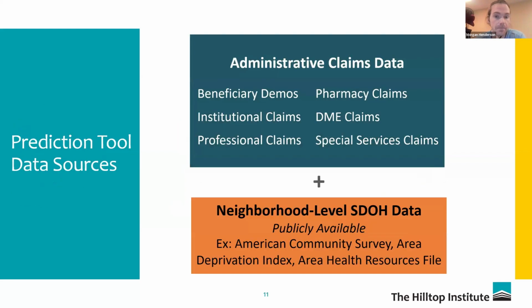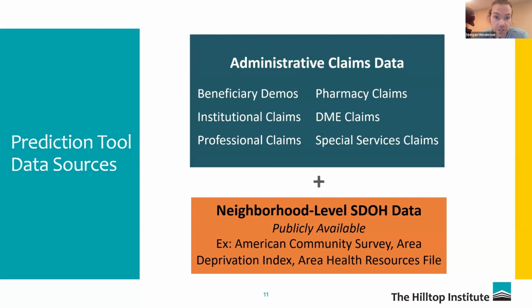So both risk scores are built on the same underlying structure, which uses administrative claims data. So either Medicare fee-for-service claims or Medicaid claims and encounters. And so these administrative data comprise all the sites of care, pharmacy, inpatient, outpatient, professional, and beneficiary demographic information.